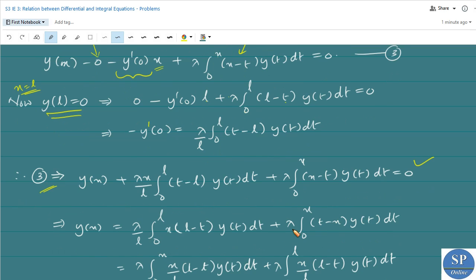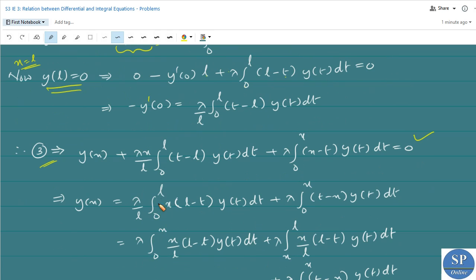So we can split this into 0 to x and x to L. So we can write y of x is equal to lambda by L into the integral 0 to L of x into (L minus t) y of t dt plus lambda into the integral 0 to x of (t minus x) y of t dt. Taking these two terms to the right-hand side.